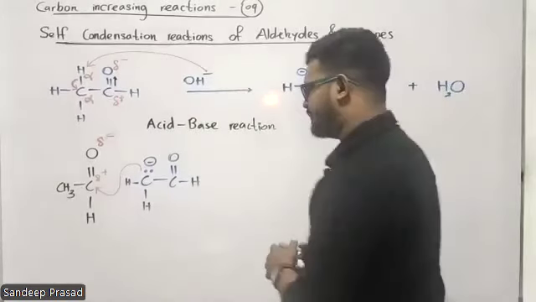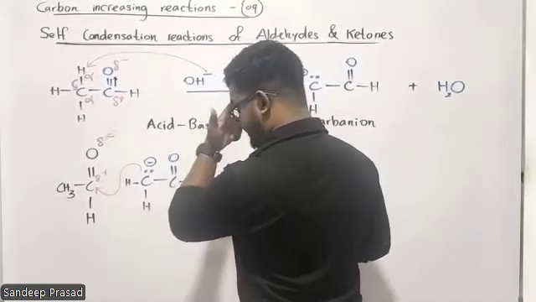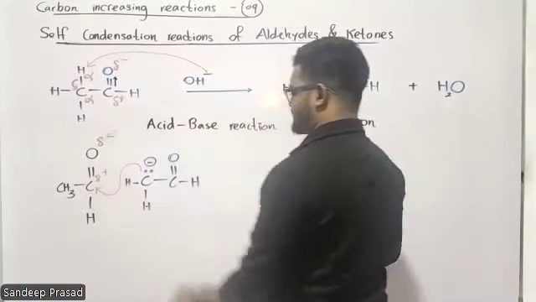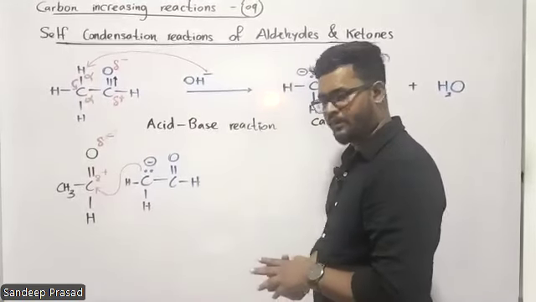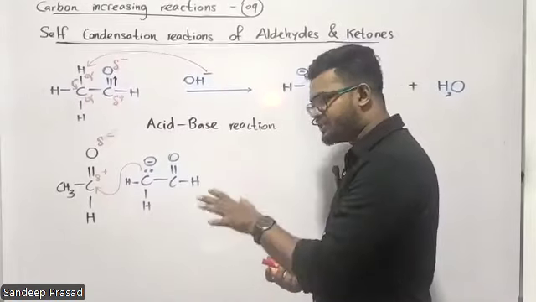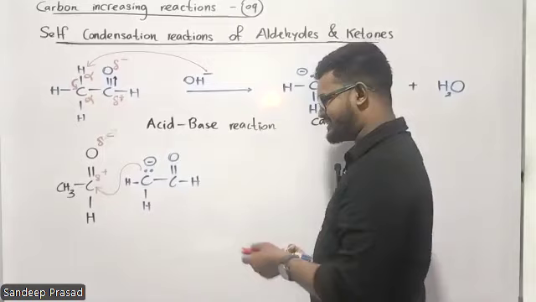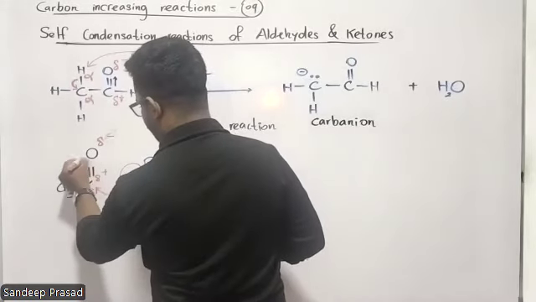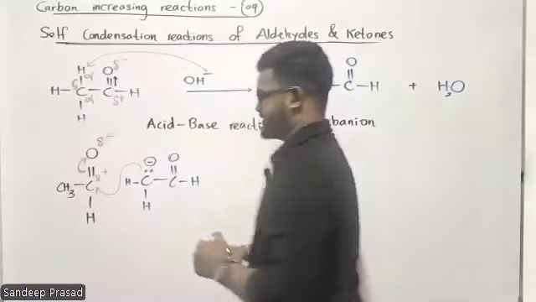Now remember, when this carbon atom is connected to this carbon atom, carbon cannot form 5 bonds. So one of the bonds has to be broken. In which bond is there a probability to break? You can say this double bond. This double bond is breaking by giving electrons to the oxygen.